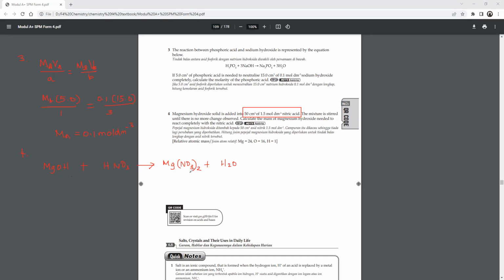This NO3 got 2, so I need to write here 2. And then Mg got 1, Mg got 1. Now I calculate the H here, 1 O 1H. Here, 2H. All got 3H here. So enough or not? Not balanced.